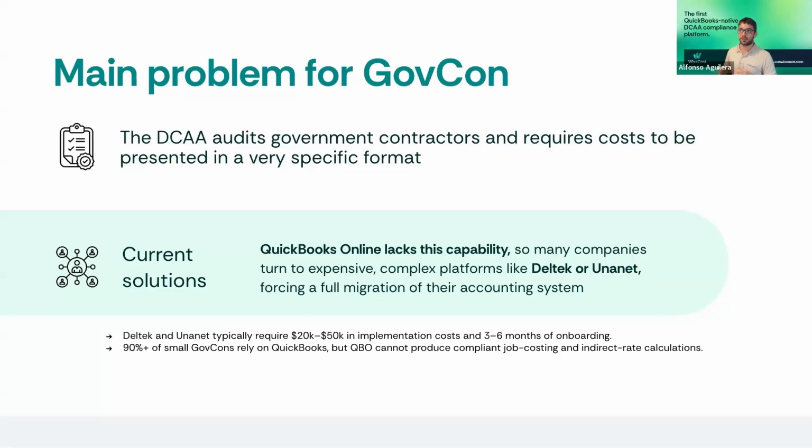Only a small number of CPAs know how to manage them, and an implementation can take from 3 to 6 months to over a year. This was a real pain point for small and medium-sized government contractors because it was mostly overkill.